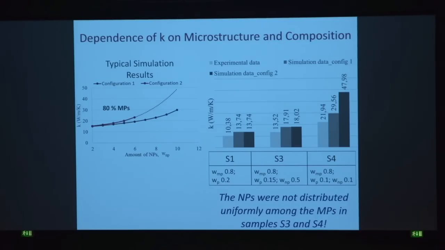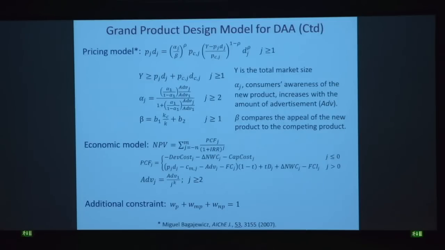I like it because it doubled the thermal conductivity. But it shows that the calculated thermal conductivity on the right is much higher, showing that in terms of microstructure, the nanoparticles are not uniformly distributed as I imagined. But anyway, based on the experimental data and this less than perfect distribution, we use the correlation and move on.